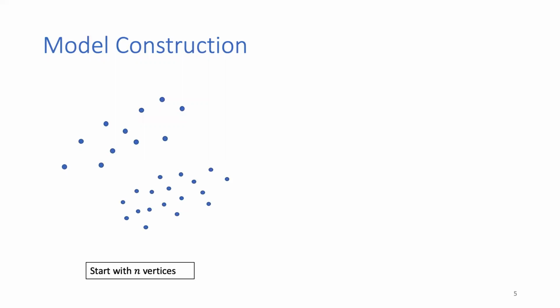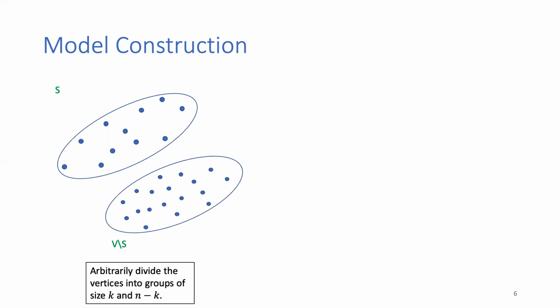So the graph which we work on is constructed in stages. We start with the empty graph on n vertices, and this graph is now divided into two parts, one of size k, which we call S, and one of size n minus k, which we call V minus S. Then we plant some structure of interest onto S, which we want to maybe recover.